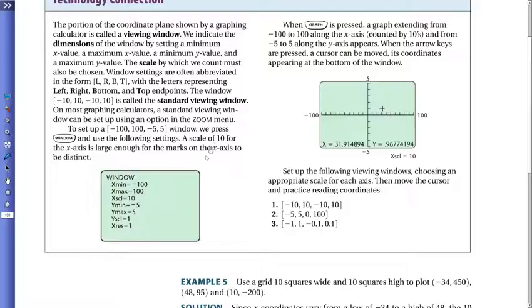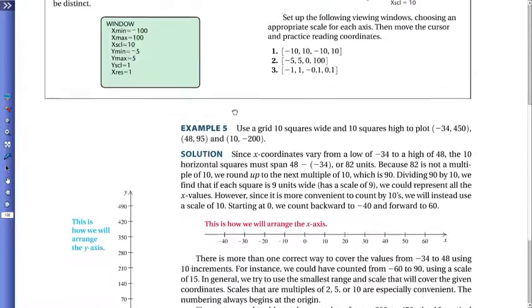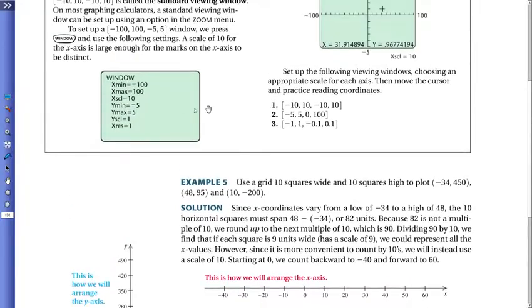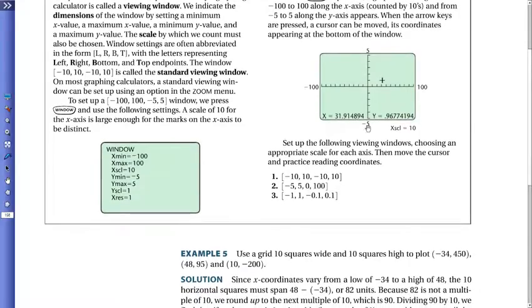But they talk about window views, so you can actually change the scale to make it fit or work within the information it's going to graph, which could be pretty important, especially on a computer device like that. You could graph something, and if your scale's not right, it might look like it's blank, but it basically was drawing something way over here off screen.